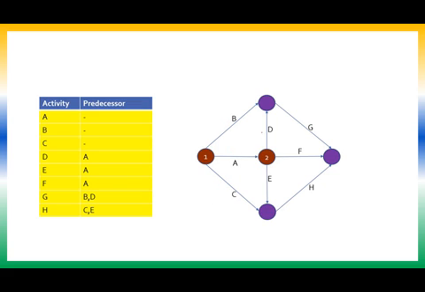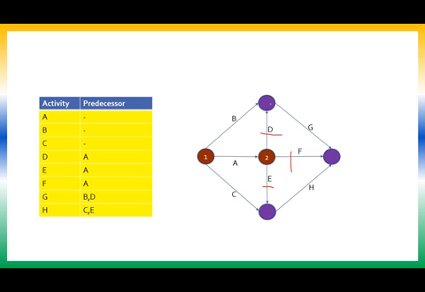Now assume lines from 2 are deleted. So which becomes the start activity or start node next? See, this also becomes a start node and this also becomes a start node. So you can number this as 3 or this as 3. It is your choice. One will be numbered as 3, other will be numbered as 4.